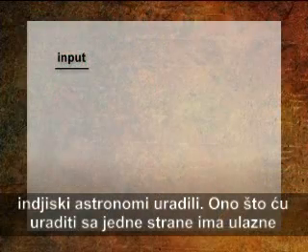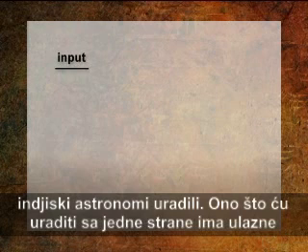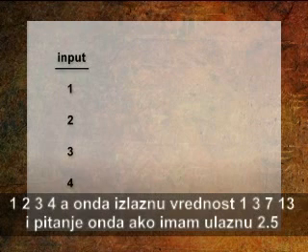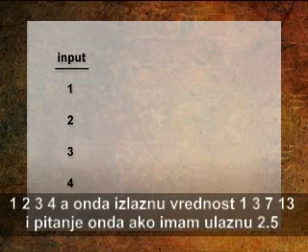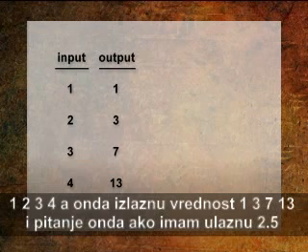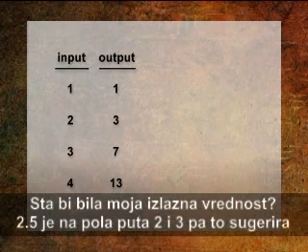So what I'm going to do, on one side, I've got inputs that are the digits 1, 2, 3, and 4. And then I've got outputs that are the digits 1, 3, 7, and 13. And the question then is, if I've got an input of 2.5, what should be my output?